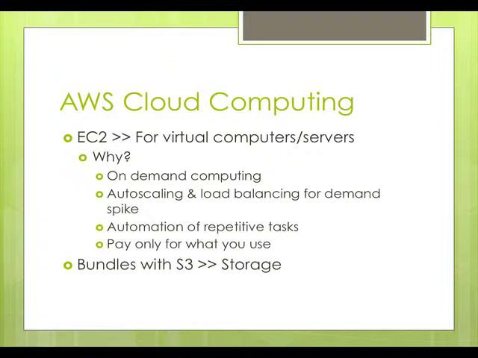Again, this concept of utility computing is that kind of a paradigm shift, that you can programmatically fire up things and fire them down and destroy them, and so on. It's very good to automate repetitive tasks. You're paying only for what you use. And usually this comes bundled with, when you sign up for EC2, you are also signing up for S3, which is a storage service of Amazon AWS, which is the web services.